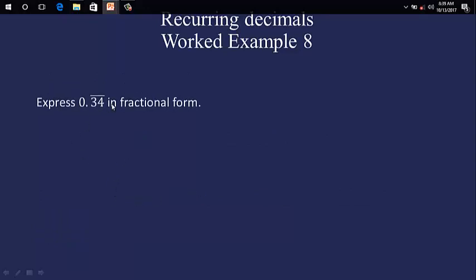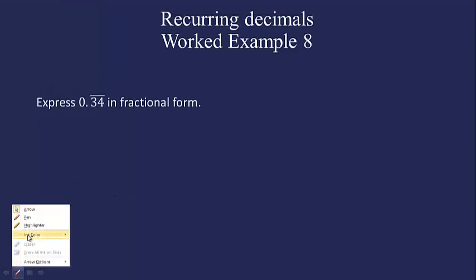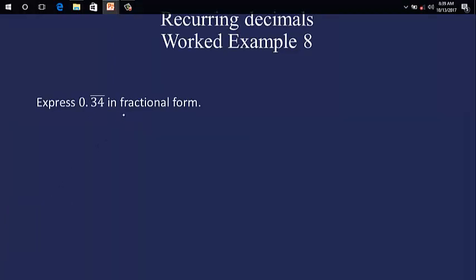So let's look at this one. This time 2 decimal places are recurring. So we let x be equal to 0.34 recurring. Then we can see that 2 decimal places are recurring.